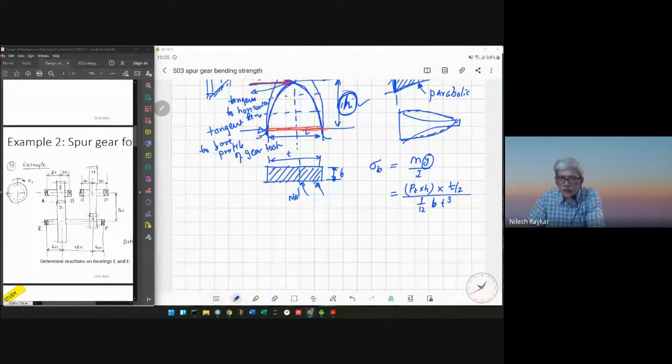Now what Lewis did: till now, most of the machine components that we discussed were based on the allowable stress. We calculate the stress induced in that component and compare it with the allowable stress. In gear design, because of legacy, these calculations are done on a force basis.